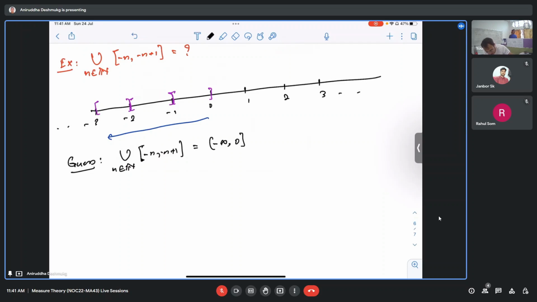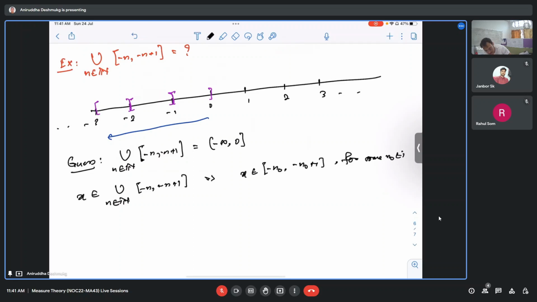One way is easier because if I take an x in the union, then this means x is inside [minus n naught, minus n naught plus 1] for some n naught. And since n naught is a natural number, I already know that minus n naught plus 1 is less than or equal to 0.